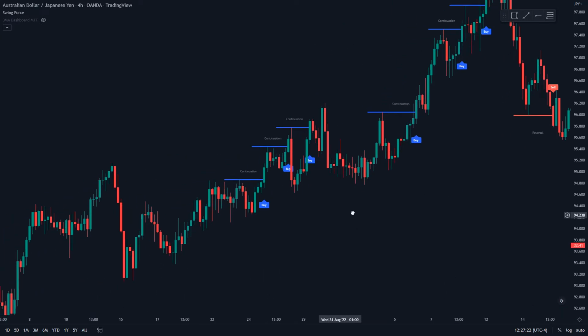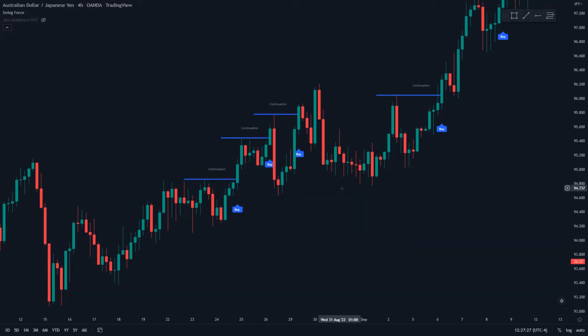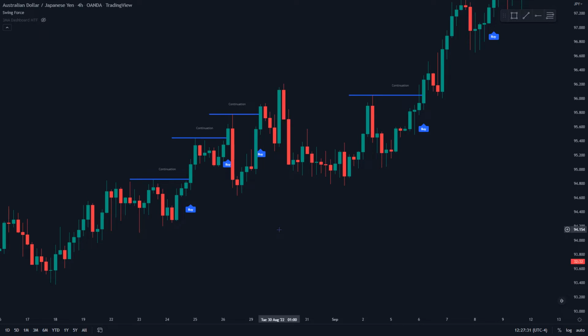Even with indicators that give these buy and sell signals, always have other confluence with them. These are just suggestions of where price should go, or the high probability direction in the trend.